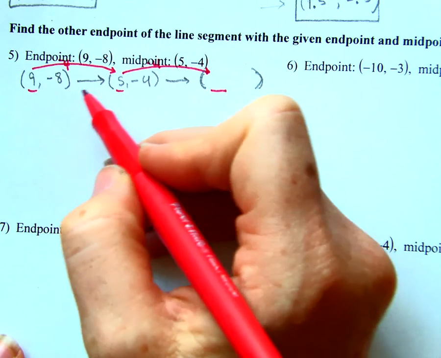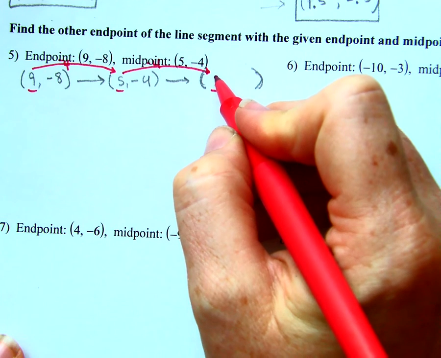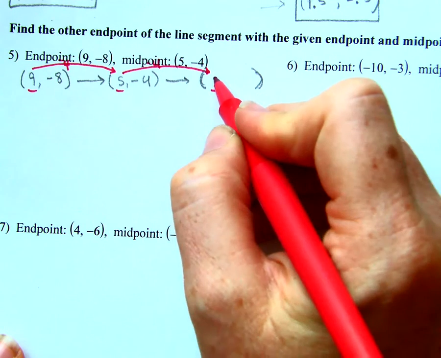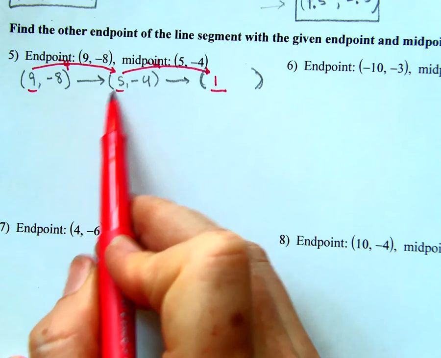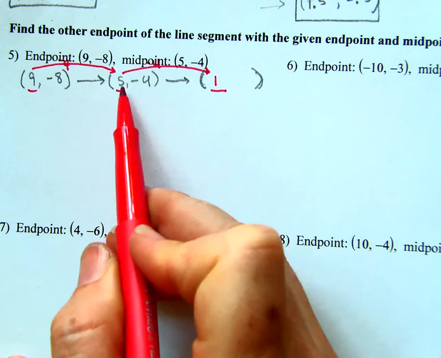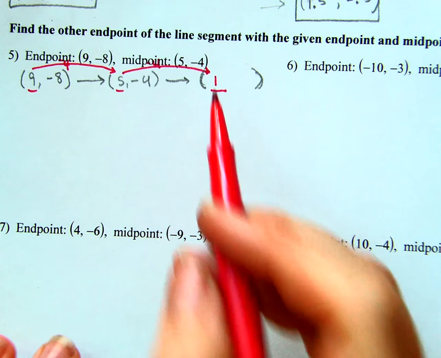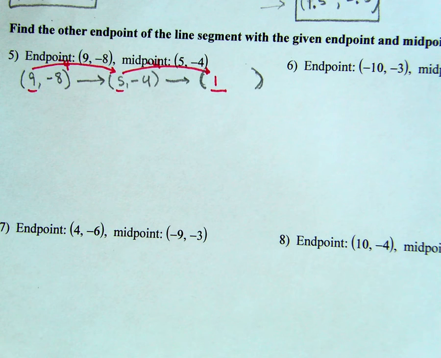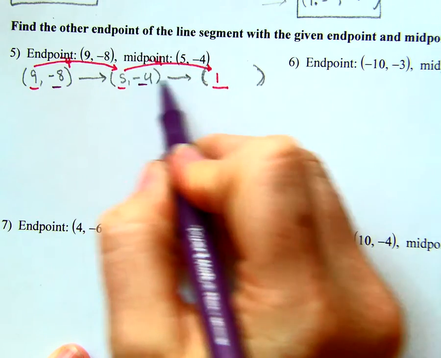So 9 to 5 is 4, and then 5 to 1 is 4 again. So now 5 is 4 away from 9, and 5 is 4 away from 1. Okay? And then I can do the same thing for the y's. So again, I'm just kind of talking intuitively what's going on here. I can say, all right, what happens with my y values?